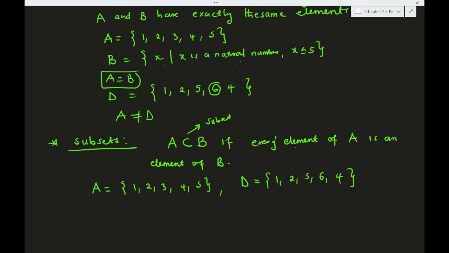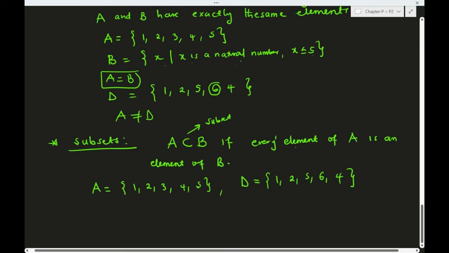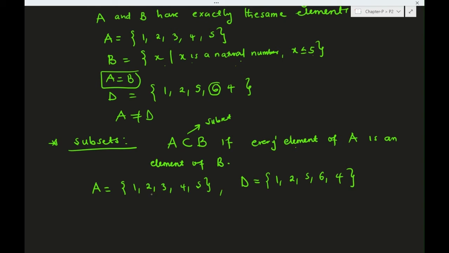Now look at A and D. Take every element here. Is it an element here? No, because here we have 3, but here we do not have 3.